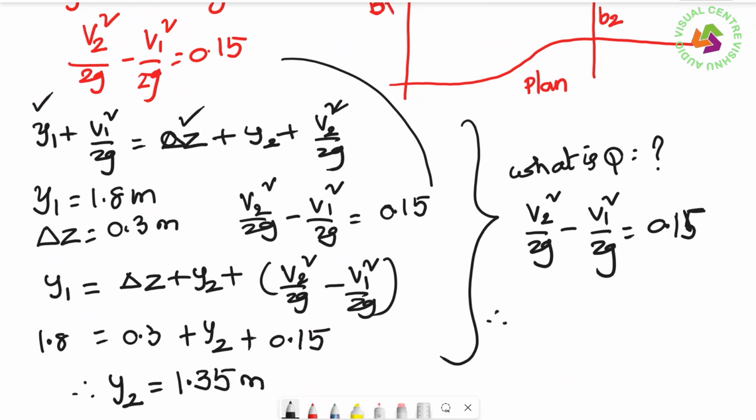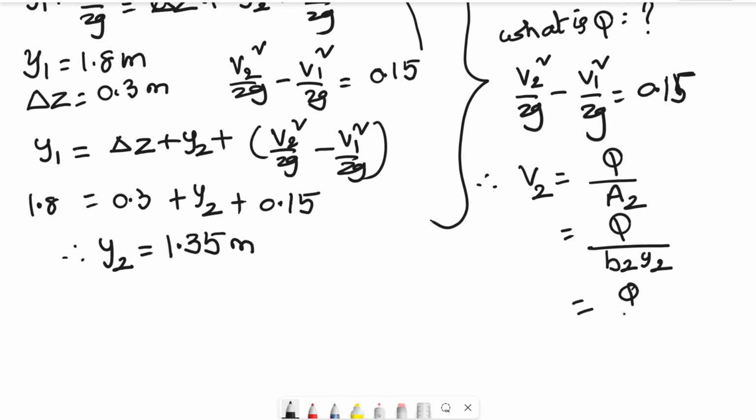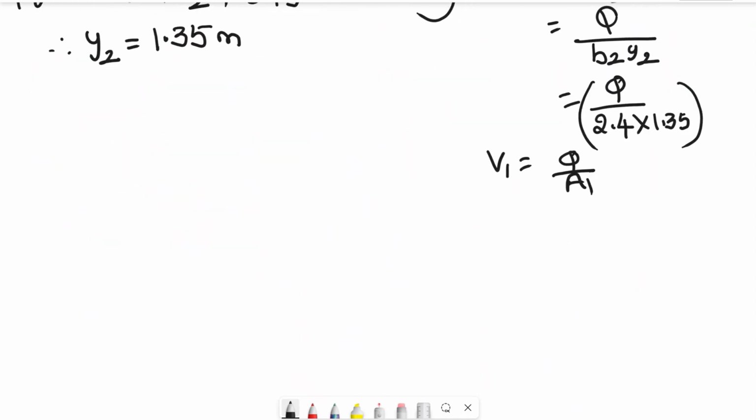So I will write v2 is equal to Q by A2, which is Q by B2 y2. B2 is given as 2.4, and y2 we calculated as 1.35. Then v1 is equal to Q by A1, which is Q by B1 y1.